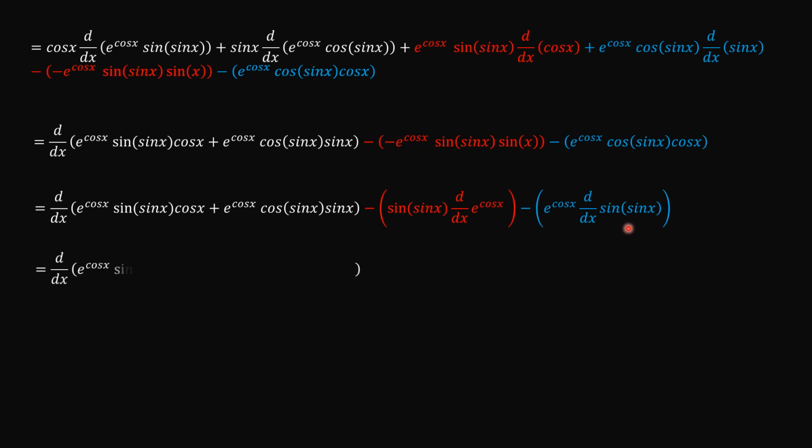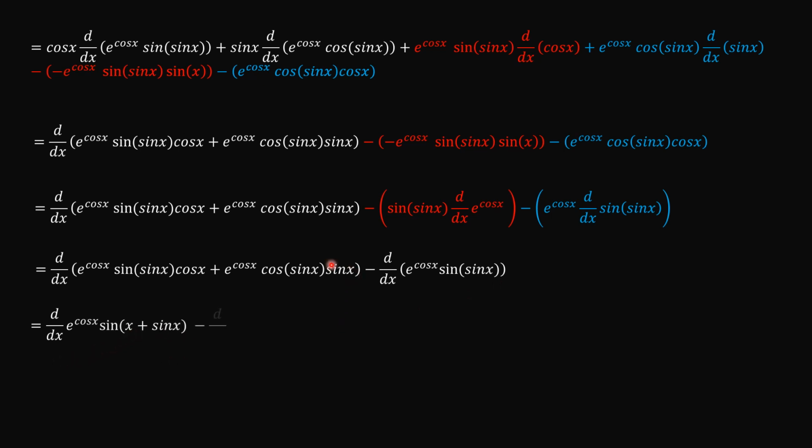And so now what that allows us to do is the term here in the first position remains the same, but this 2 now is the same as the derivative of e to the power cos x times sin x. So eventually now we have the derivative of this first term minus e^cos x sin x, right?